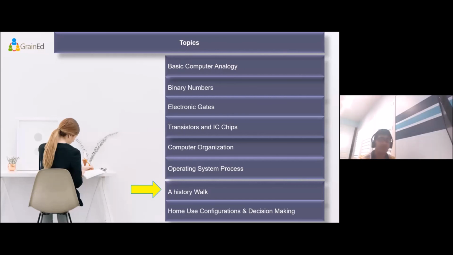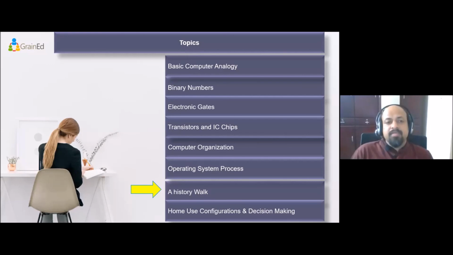So what we first covered was the basic parts of the computer and how they relate to the human body. And then we learned about binary numbers and how to convert normal numbers to binary numbers. Conversion of decimal numbers into binary numbers.